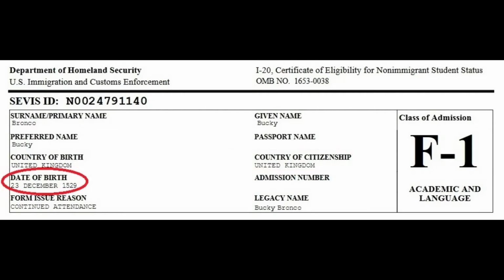Date of birth. This should match the date of birth on your passport. The standard date format in the U.S. is month, date, year. However, there are many countries, such as India and the United Kingdom, who use the day, month, year format. This is perfectly fine.